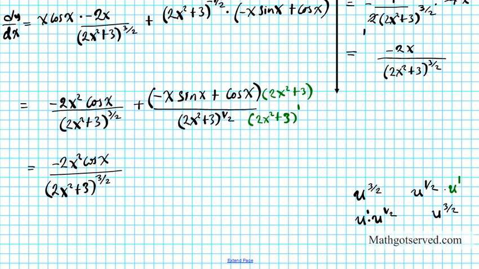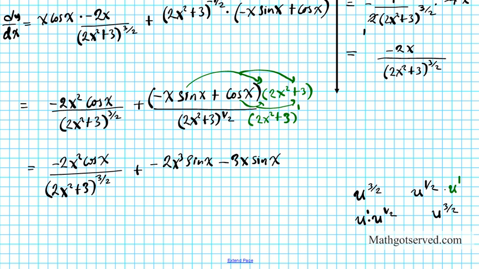To distribute, we're going to do first, outer, inner, and then last, okay? So let's go ahead and make that distribution. So we're going to have plus negative 2x to the third sine x to the first, and then outer, minus 3x sine x.